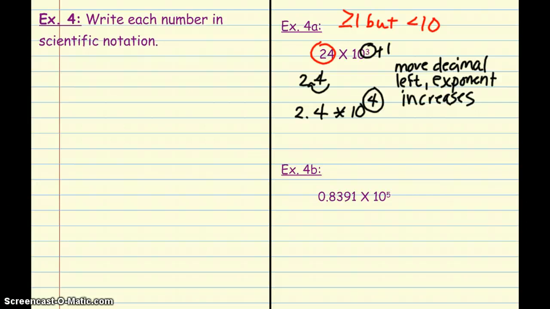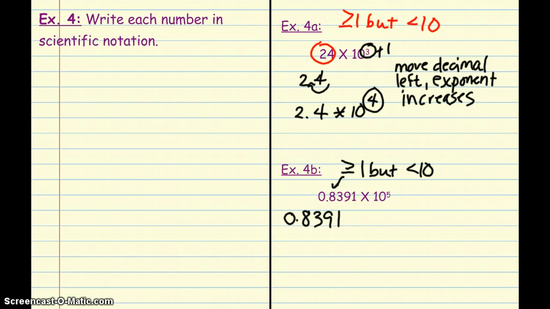So let's do this one last example. So we've got 0.8391. Again, this first number is not greater than or equal to 1, but less than 10. So what do we want to do?